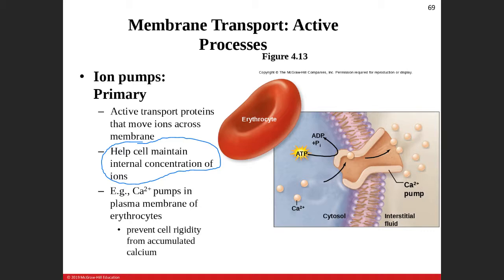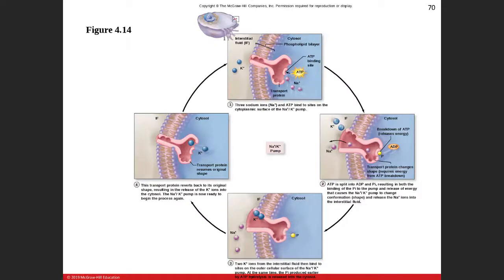Imagine a red blood cell trying to squeeze in between two simple squamous epithelial cells in your capillary, or what we call the endothelium. And if that cell is rigid, it is likely to become damaged. And we can't have that, all right? Because then we've destroyed a structure that is crucial to cellular respiration because it carries oxygen and carbon dioxide.